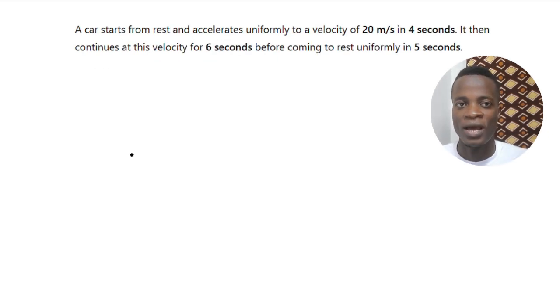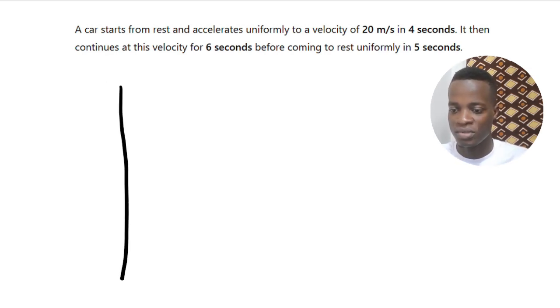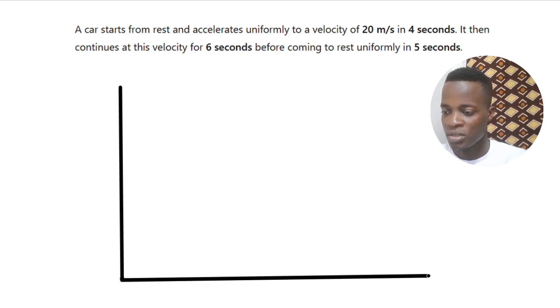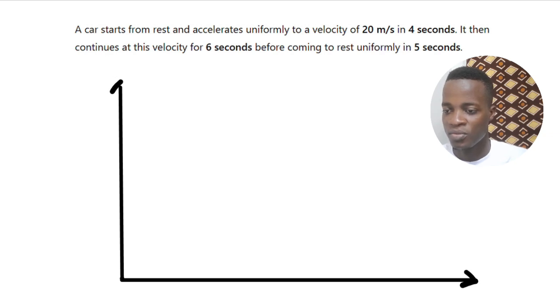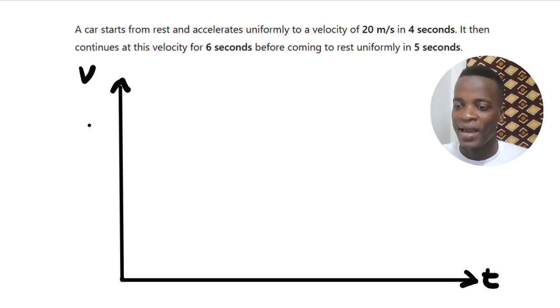Okay, let's go a step further. Let me draw my graph again, right? So I'm having my T here and I'm having my V here. The car starts from rest, so we are still starting from rest, and accelerates uniformly to a velocity of 20 meters per second in 4 seconds.